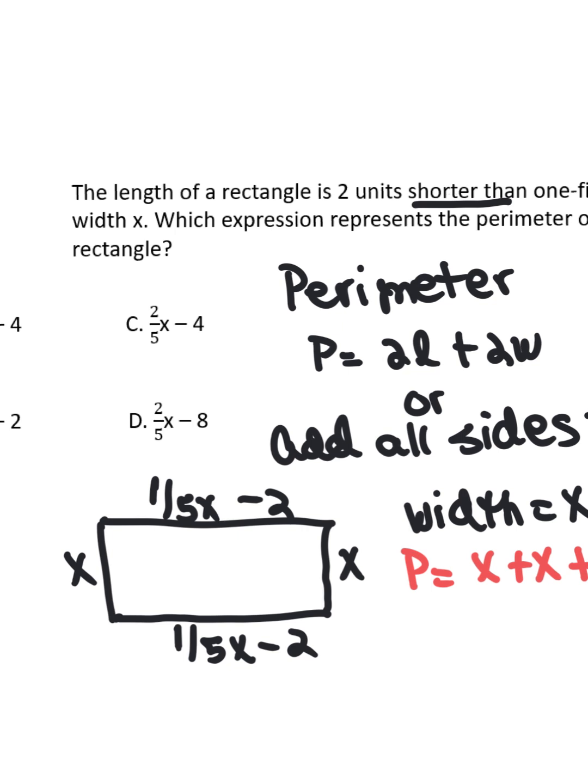Remember that when you're adding variables, you look for like terms. We have an x plus an x. When I add those together, I have to remember that there is a 1 in front of that. I have a 1/5 x and a 1/5 x. So in my calculator, I'm going to be adding 1 plus 1 plus 1/5 plus 1/5.